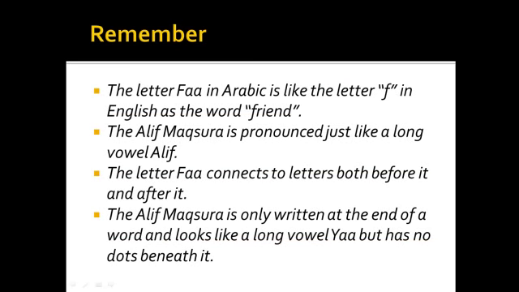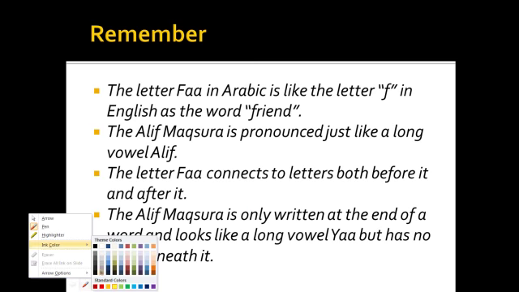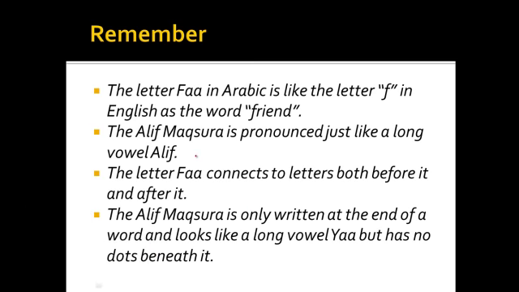Now let's recap what we've done so far. So the letter fa in Arabic is like the letter F in English, as in the word friend or freedom. The alif maqsura is pronounced just like a long vowel alif. The letter fa connects to letters both before it and after it.